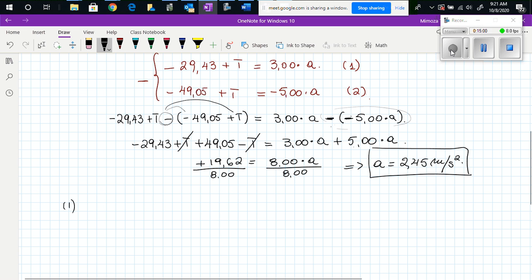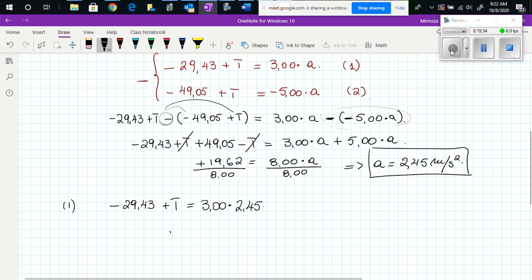So you take this value and substitute it into equation 1, you will have a value for T, and then see if it is the same value when you substitute the value of 2.45 into equation 2. So negative 29.43 plus T is equal to 3 times acceleration, which in our case we just found, 2.45.